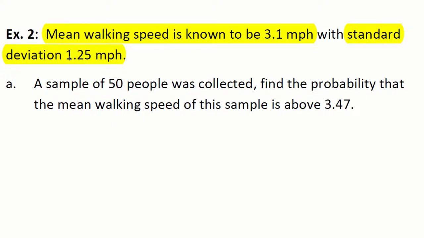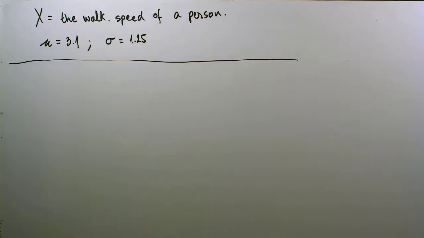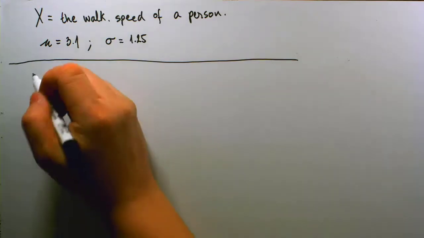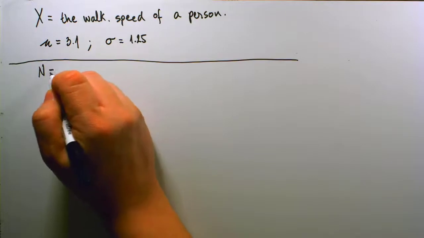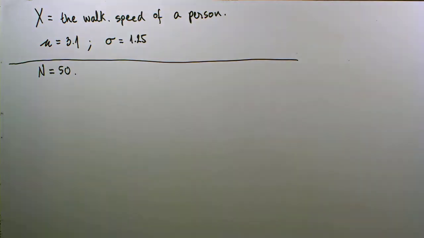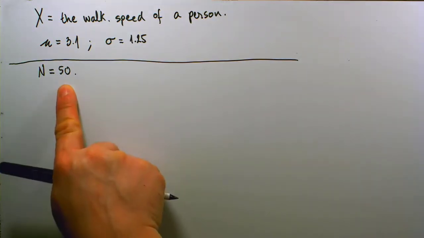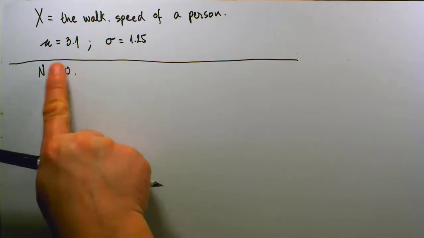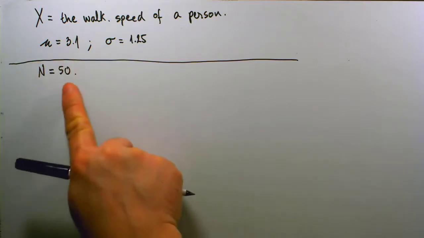From a beginning population, we're now going to select a sample, and this time the sample is indicated to be of 50 people. And so immediately we know that we are at sample size capital N equal 50. In a sample of 50 people, we would like to measure the mean walking speed within this sample.